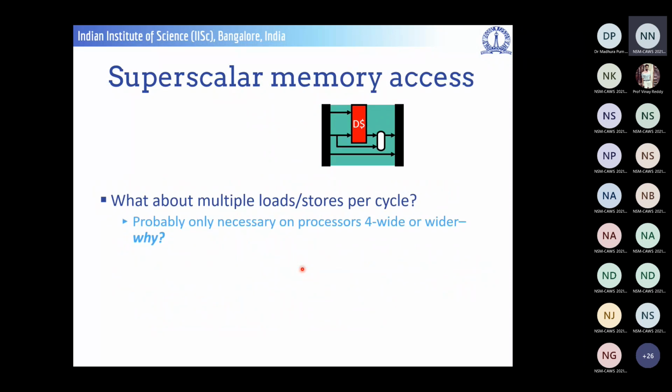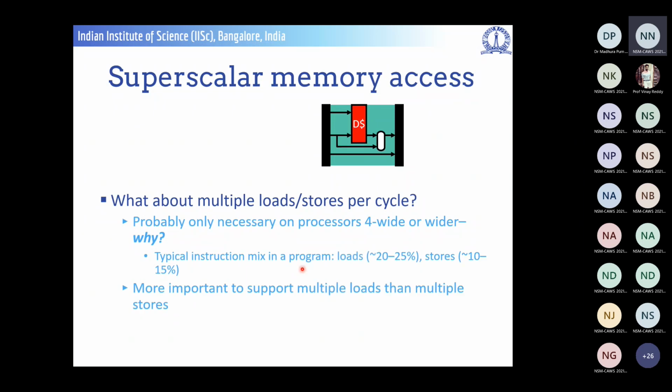We have talked about how the caches may need to become multiported, because you have to access multiple of them in parallel. However, notice that not all instructions are memory instructions like loads and stores. An empirical rule of thumb is that up to 30%, about 1/3, of the instructions can be loads and stores in a typical program, and out of that, maybe 10% of the instructions overall could be stores.